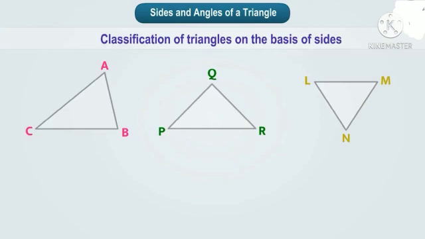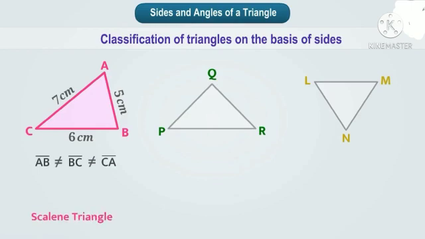Look here, triangle ABC has AB equal to 5 centimeters, CB equal to 6 centimeters and AC equal to 7 centimeters. A triangle whose three sides are not equal is called a scalene triangle. Now, observe this triangle PQR.